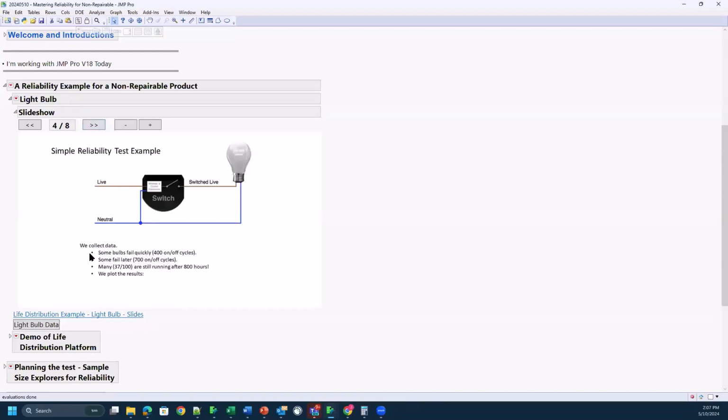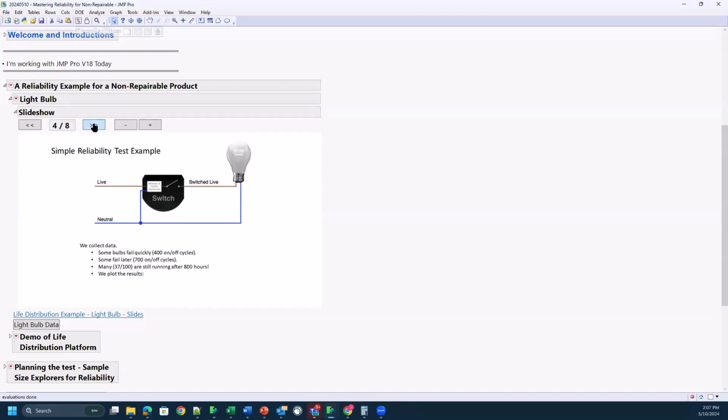So we start collecting some data. Some of these bulbs fail quickly, maybe after 400 on-off cycles. Some fail later, maybe after 700 on-off cycles. Of these 100 bulbs, 37 of them are still running at the end of our 800-hour time period when we have to end the test.